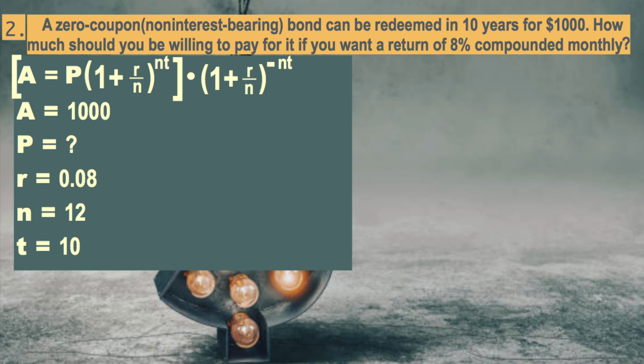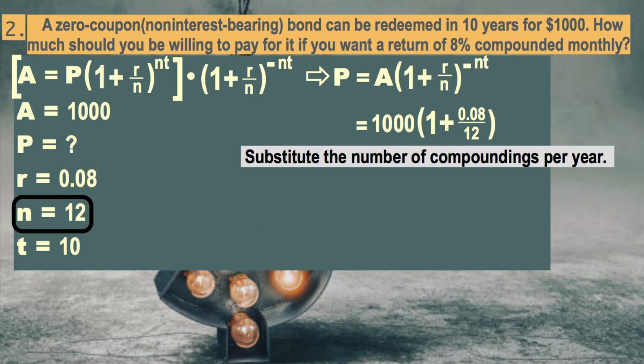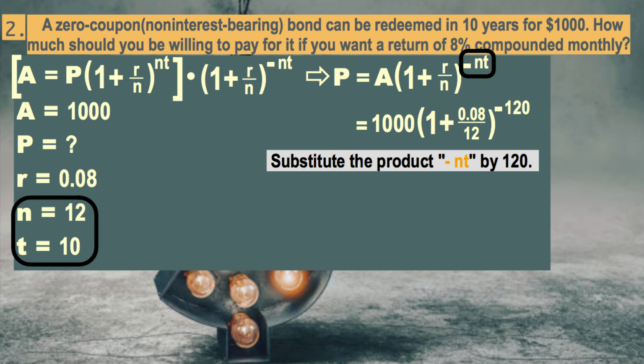We substitute the total amount redeemed, 1,000, times the quantity 1 plus the rate, 0.08, divided by the number of compoundings per year, 12, and then we substitute in negative nt by negative 120, because 12 times 10 is 120.